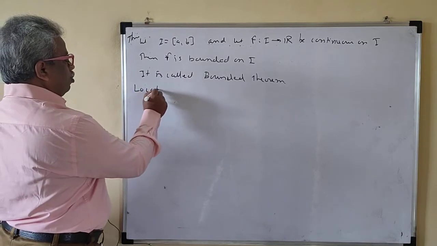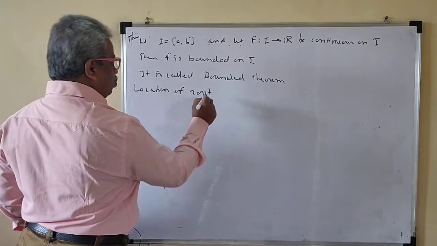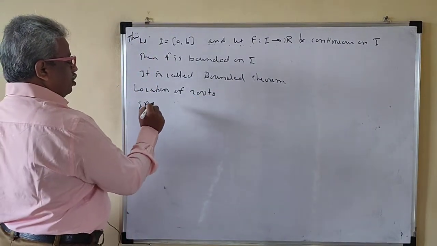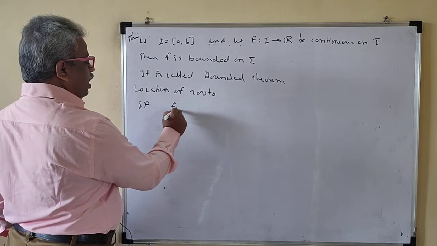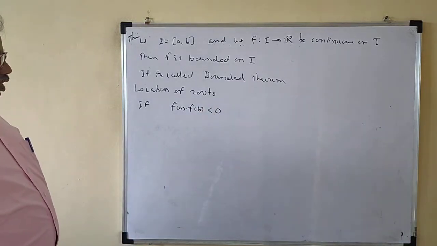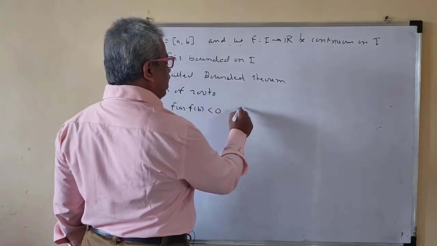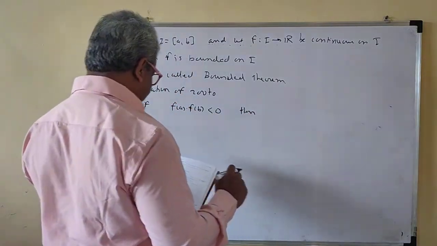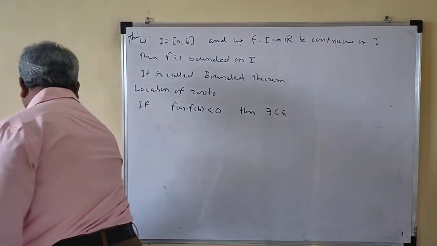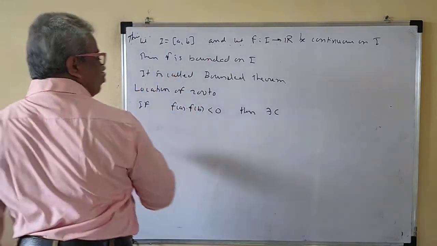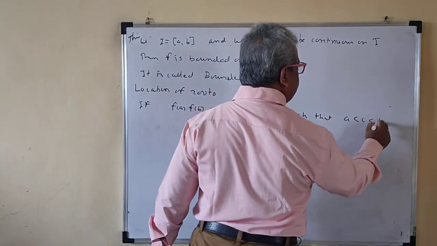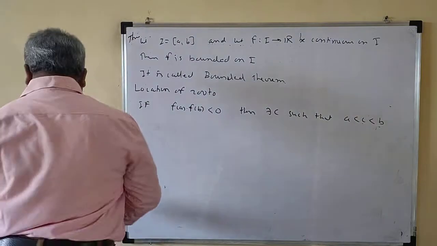Location of roots. If f(a) times f(b) is less than 0, then there exists c such that a < c < b.